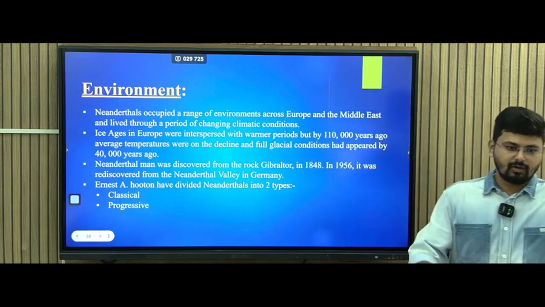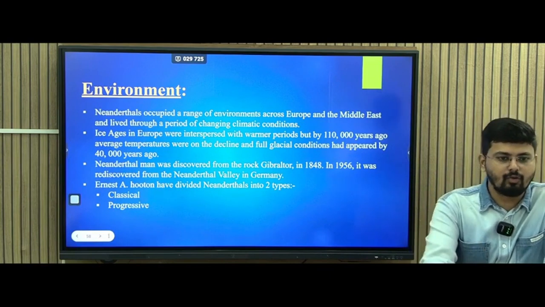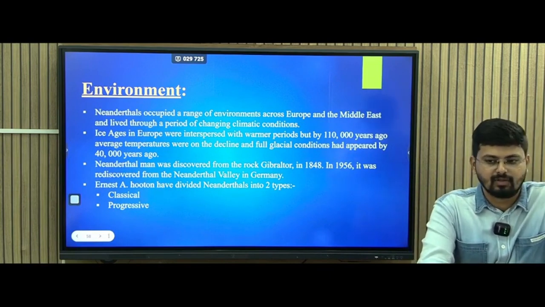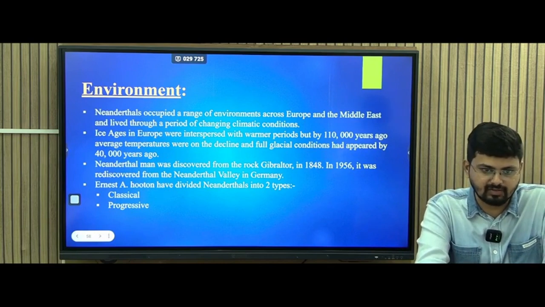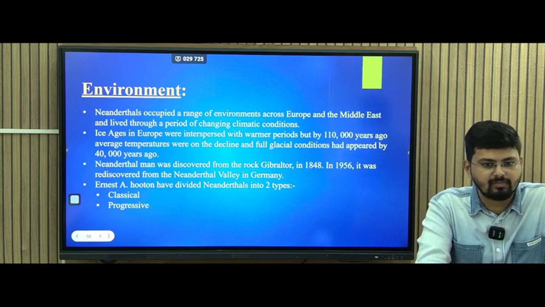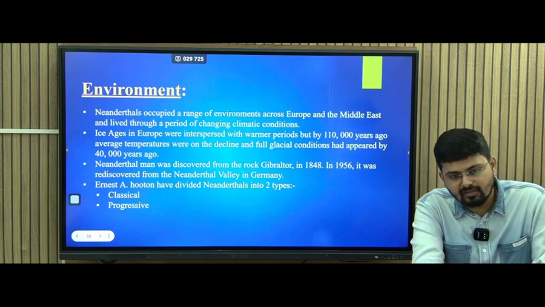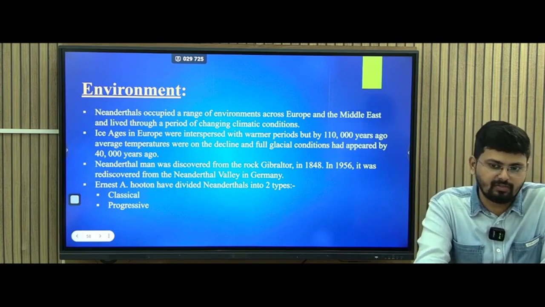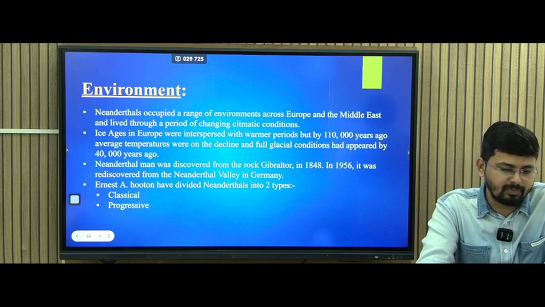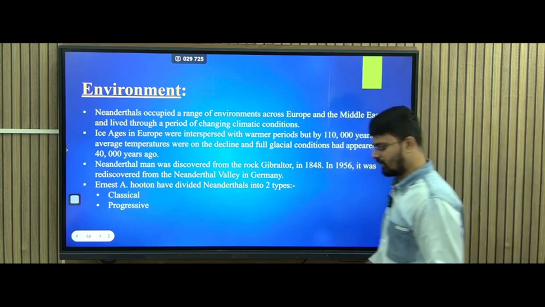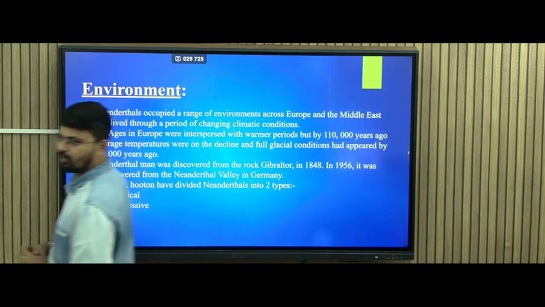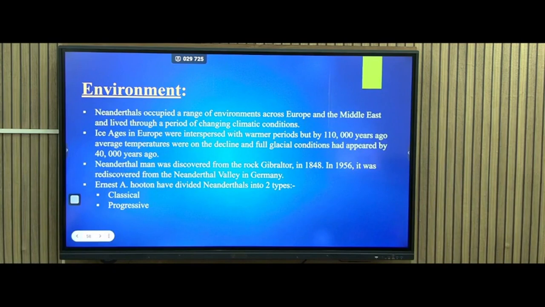Ernst A. Hooton is the one who classifies it. When asked the reason for the classification, he says it is important for us to understand the differences between the fossils based on morphology, and try to understand whether they are completely two different genera or belong to a single species. It is not clear because you have the differences.